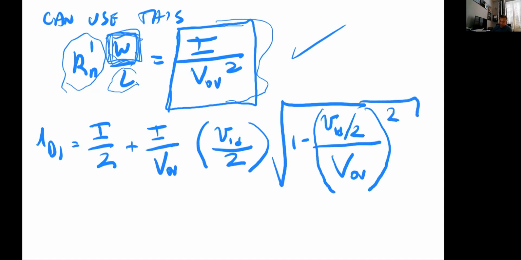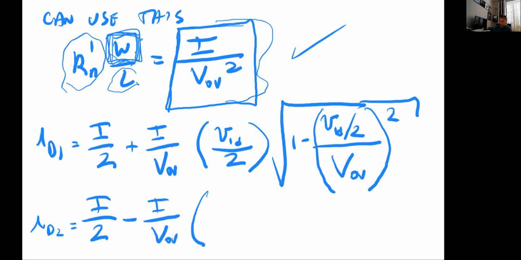So that's for transistor 1, and similarly for transistor 2, half the bias minus a similar expression.